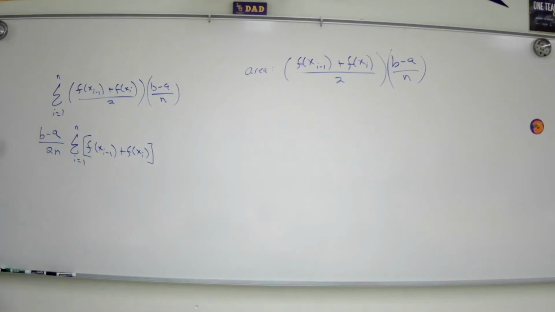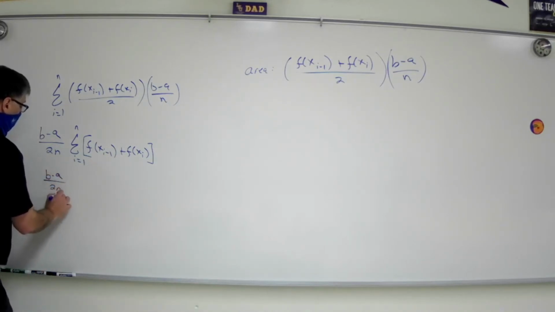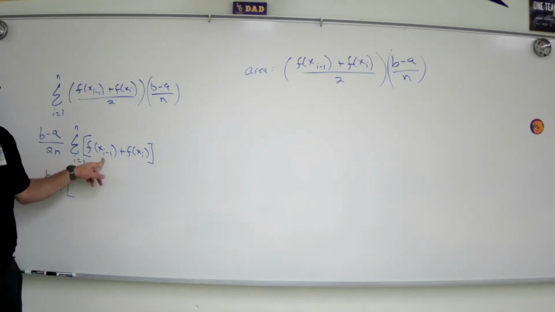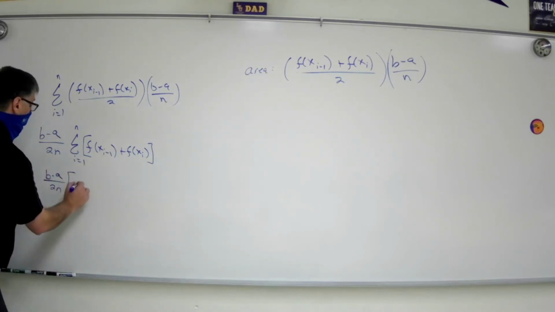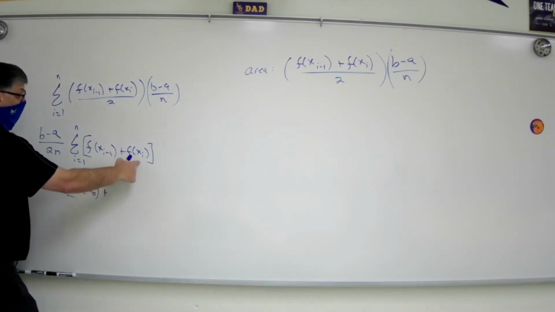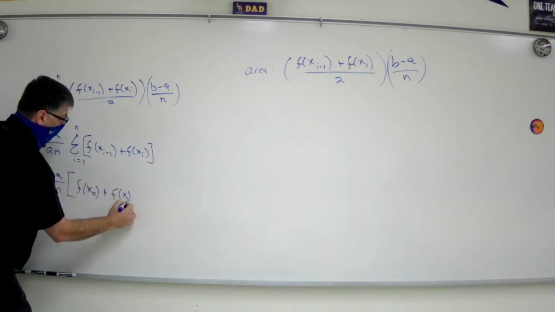Well, now we're just going to write it out a little bit to see if we see a pattern. So we're going to have our b minus a over 2n times, let's see, if I start at 1 here, what does this become? This first one. So I'm going to do f of x sub 0 plus, and I'll put 1 here, I get f of x sub 1.